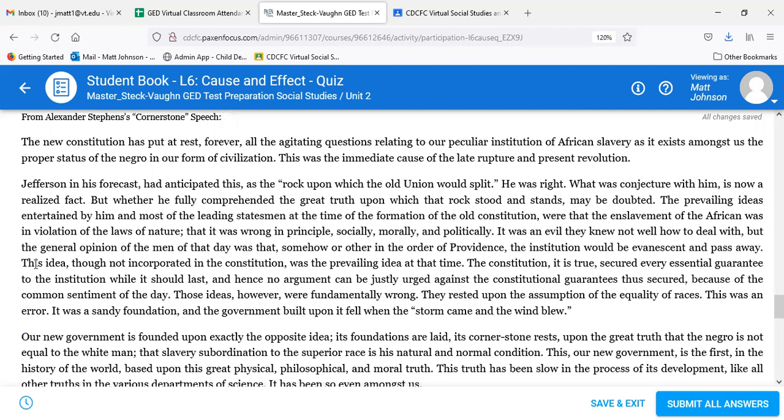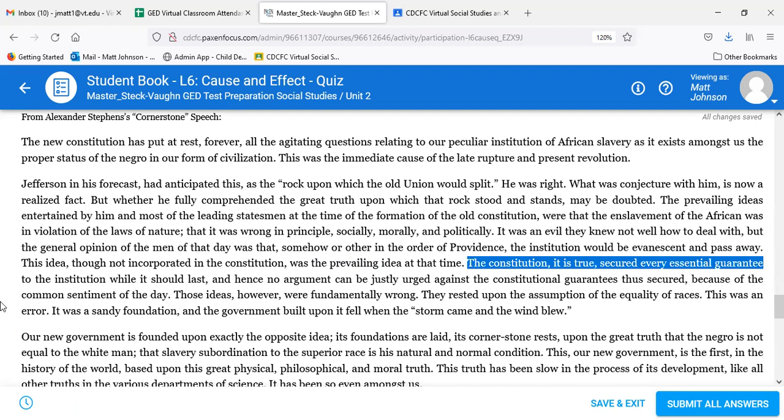You're close. So right here, it says this idea, though not incorporated in the Constitution, was the prevailing idea at the time. The Constitution, it is true, secured every essential guarantee to the institution. When they say institution, they're always talking about slavery.